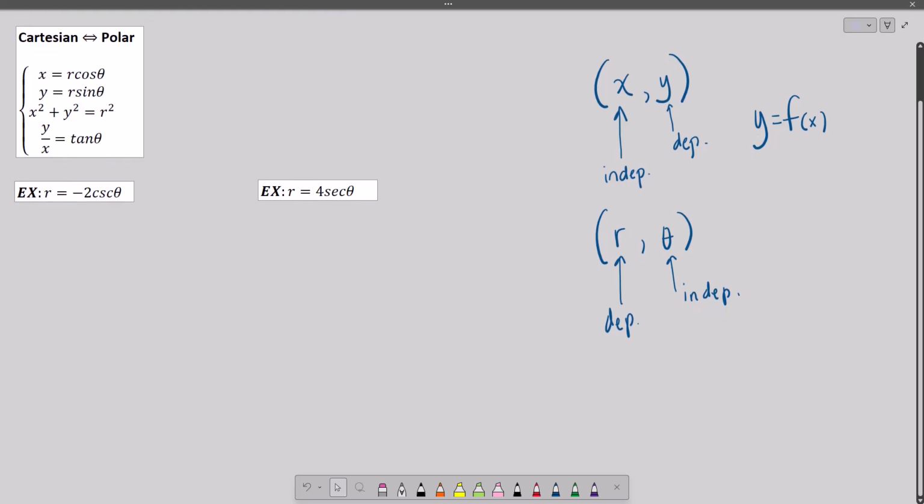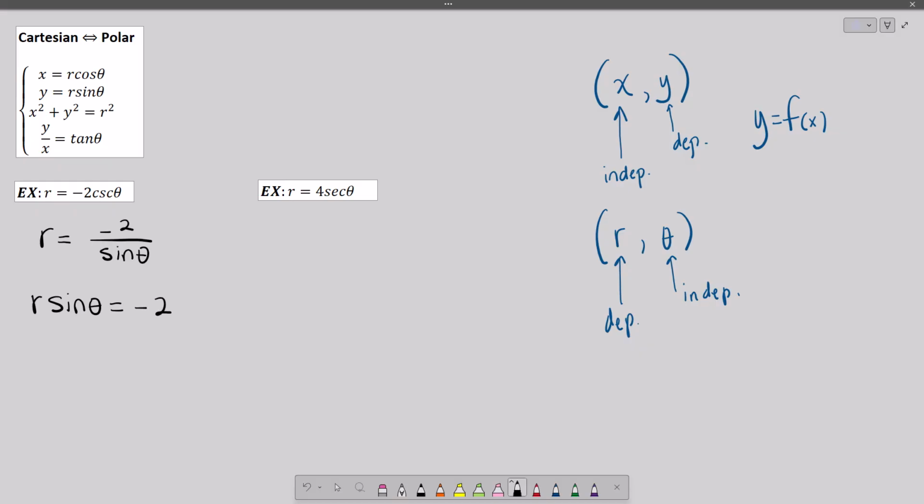So when we look down here at these polar functions, these polar curves, whenever we have a polar curve, if we can isolate r, we will. Now our equations that take us back and forth don't have cosecants or secants. So the first thing we want to do is convert this over to the trig functions that we see in our four standard equations that take us back and forth. And it's not too big of a stretch to realize that if we multiply both sides by sine of theta, we have now matched.